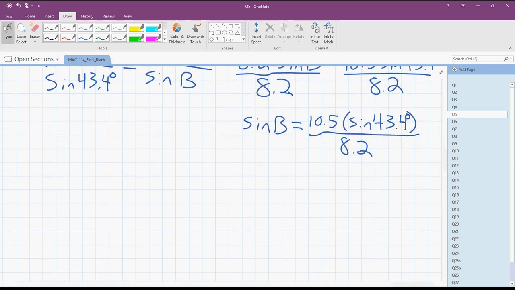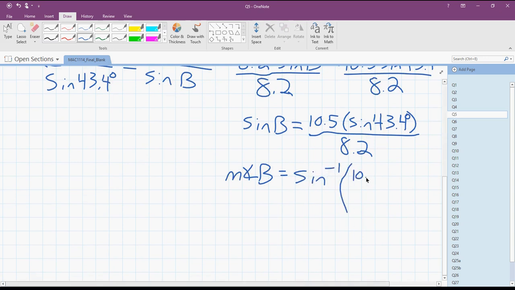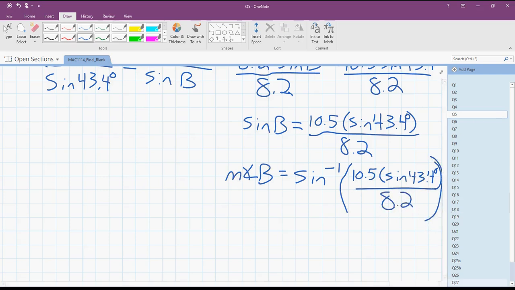So we got to take the inverse of sine. So the measure of angle B is in fact sine inverse of what we just have above here. That's what I would put into the calculator. You could actually just find the original sine B, figure that number out and then take the inverse of that. But you could also do it all in one fell swoop right there at the same time too.